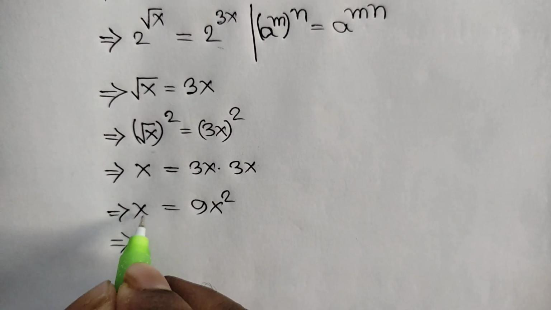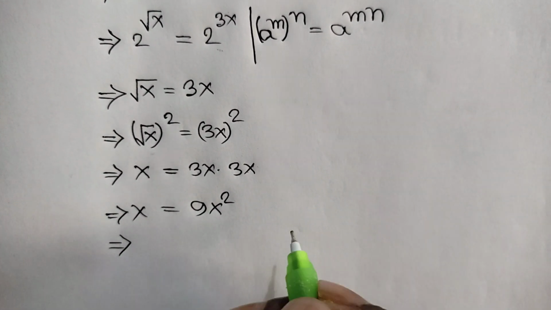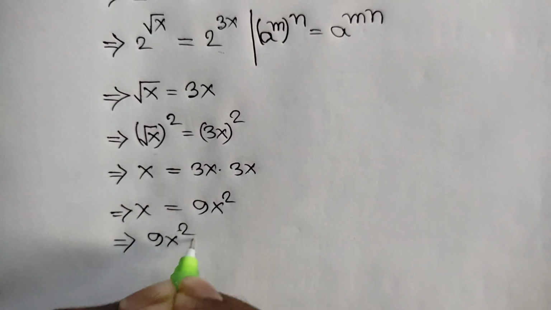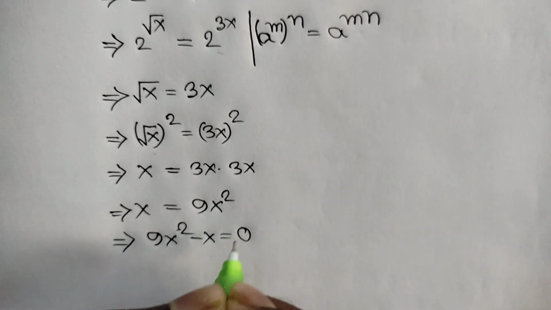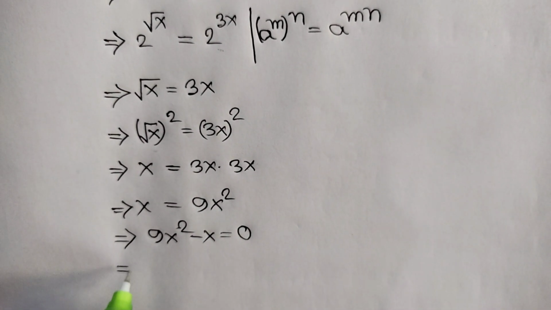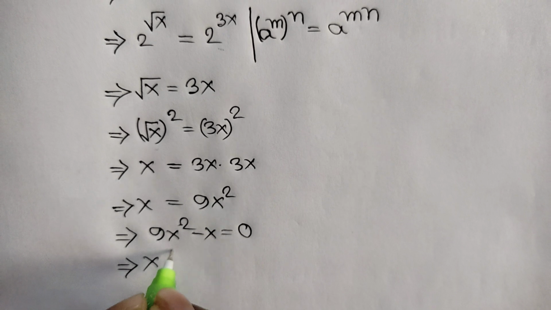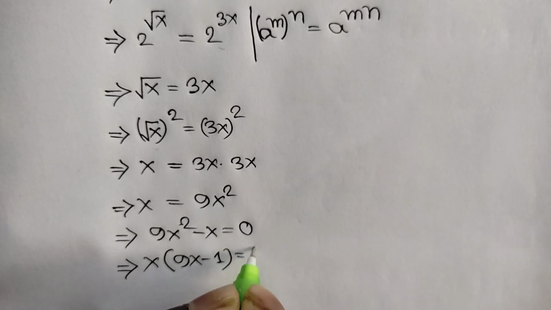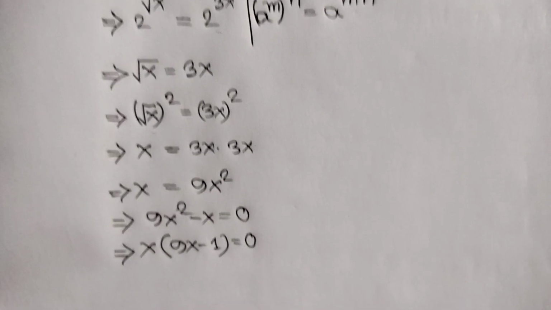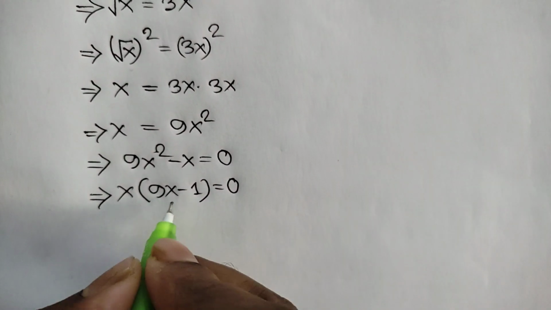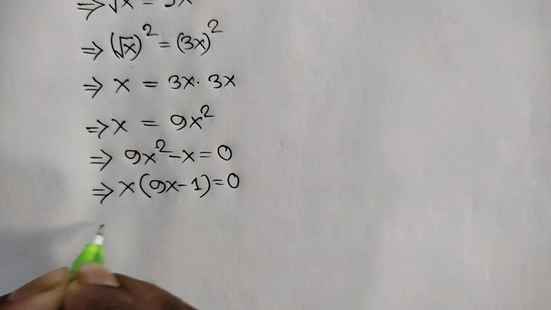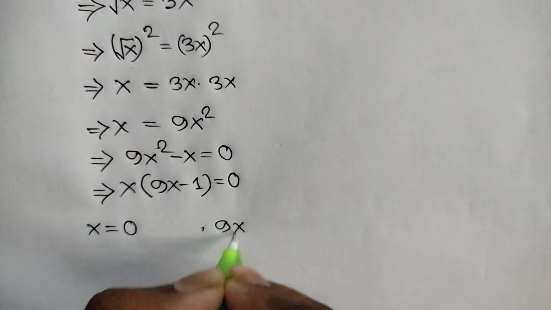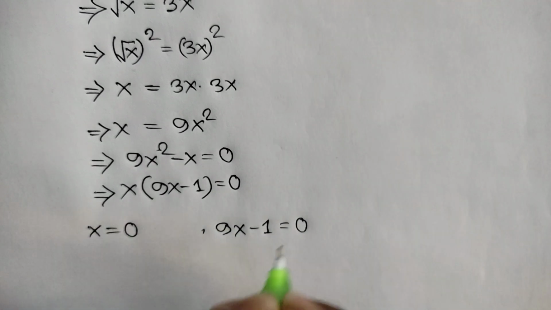Taking this x to the right side, we will get 9x square minus x is equal to 0. Taking common x, we will get x times 9x minus 1 is equal to 0. Now see, here are two cases: one, x is equal to 0, or 9x minus 1 is equal to 0.